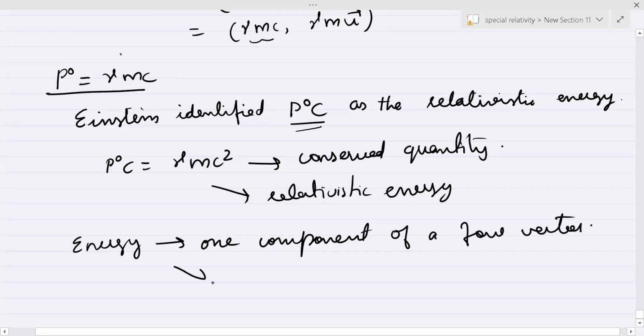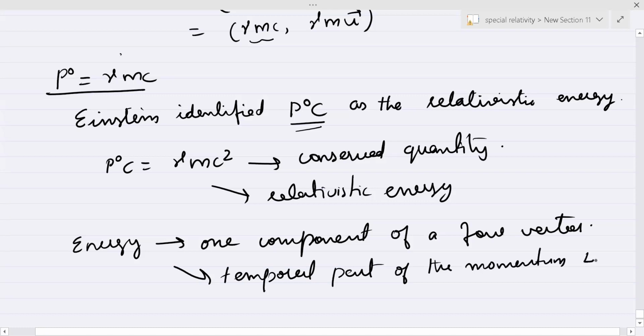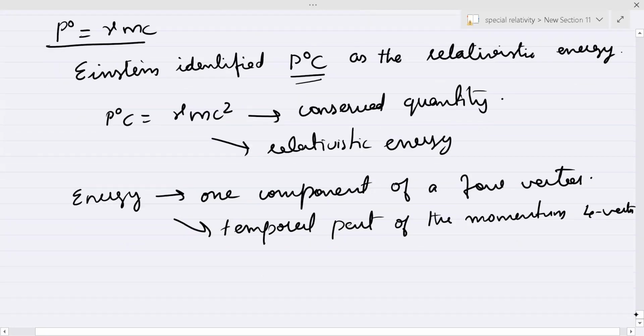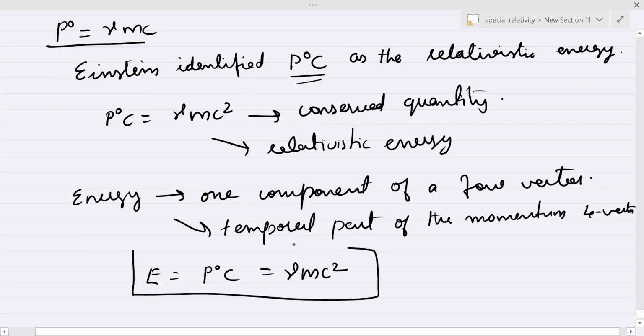To be more precise, it's the temporal component, or the zeroth component, of the momentum four-vector. Or in other words, the temporal part of the momentum four-vector is identified as the energy, with the c. You just have to multiply it with the c. So E is equal to P0c, that's equal to gamma mc squared. Important relation. This is known as the relativistic energy.